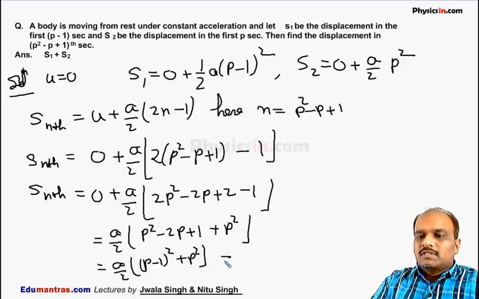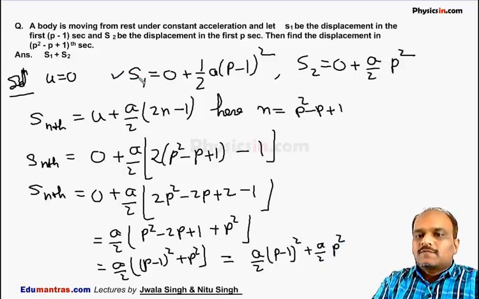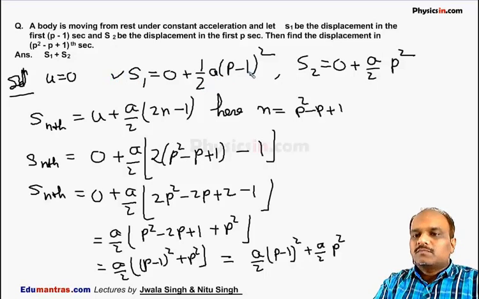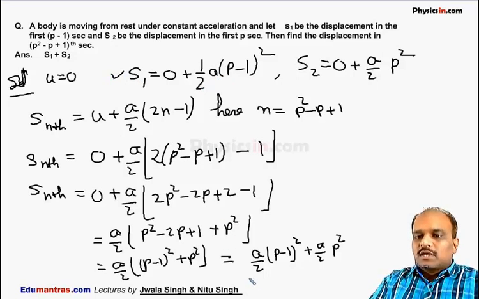Or we can say this is equal to a by 2 into (p minus 1) square plus a by 2 into p square. Now S1 is 1 by 2 a into (p minus 1) square, so this is actually S1, and a by 2 p square is actually S2. So I will write here S2. So the answer is S1 plus S2.